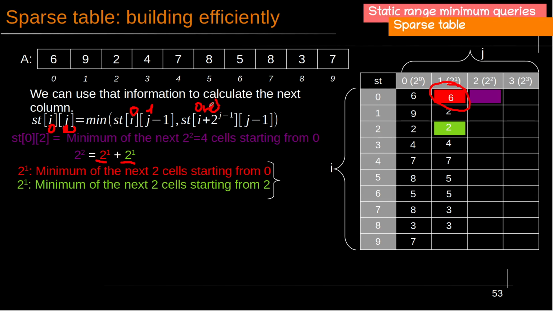We have 0 plus 2 power 1, which is 2. So ST02 is equal to the minimum between ST01 and ST21. This one, ST21, which is 2.